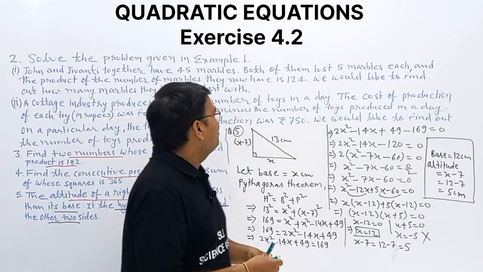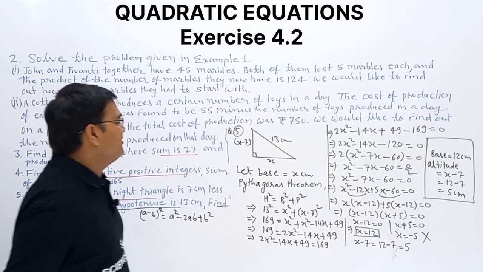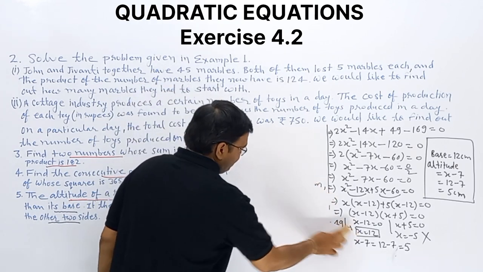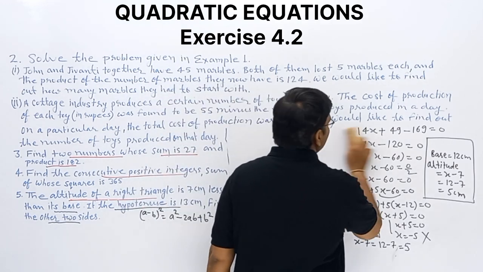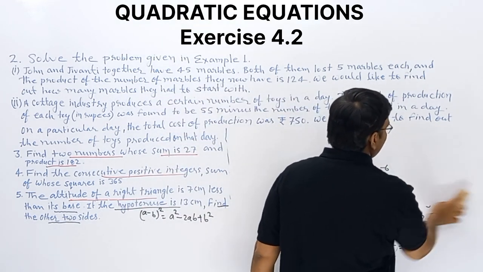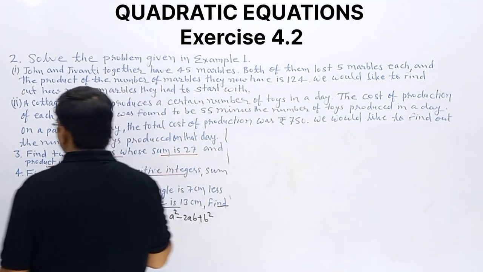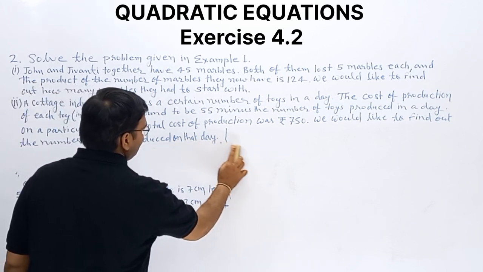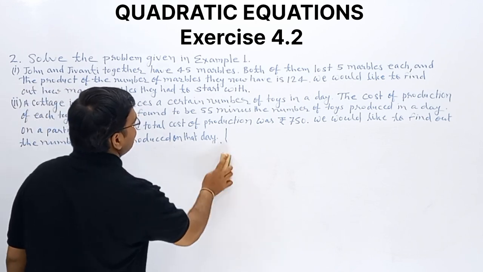Now I am taking question number two. Observe carefully. We completed questions number 3, 4 and 5. Now I am going to take question number two, and observe this one. It is based on example 1.